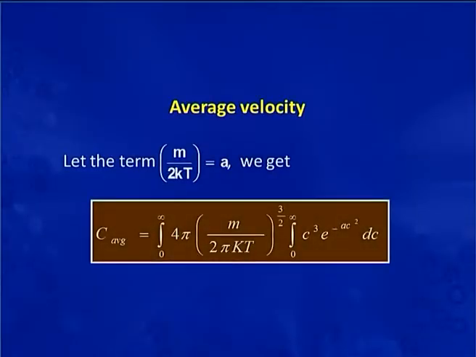So, we get C average is equal to 4 pi (m by 2 pi kT) to the power 3 by 2 integration 0 to infinity c cube e to the power minus a c square into dc.